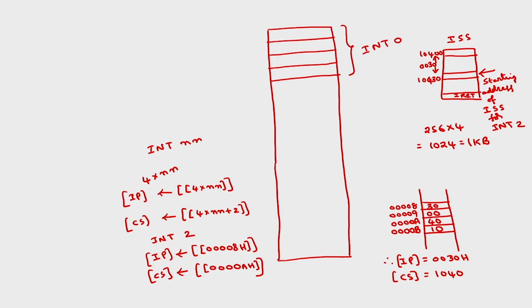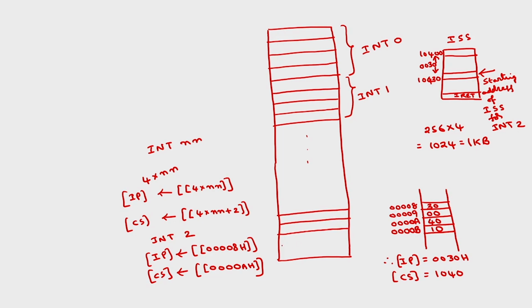These 4 locations will be used for storing the IP as well as CS contents, and the next 4 locations will be used to store the IP and CS contents of INT1 and so on. The last 4 will be for INT255.